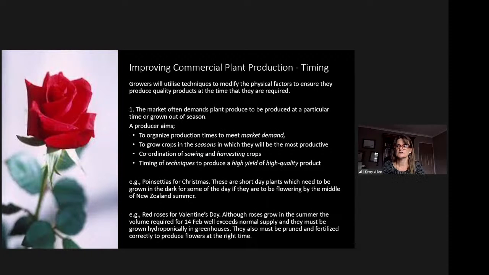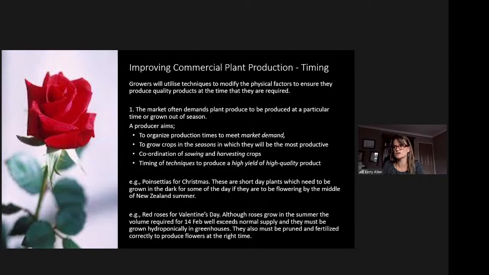Okay, and lastly, timing. So once again, you're trying to meet a market. So you're trying to produce a particular amount of product at a particular time to meet a particular market. So Christmas is coming up. One of our things for Christmas is people like to buy red plants, and in this case, poinsettias.